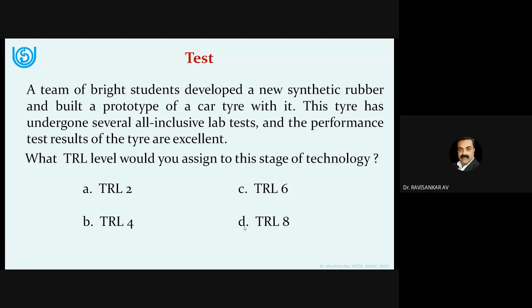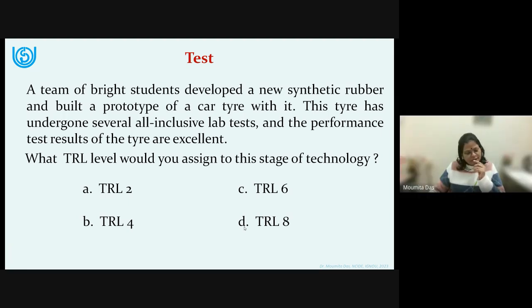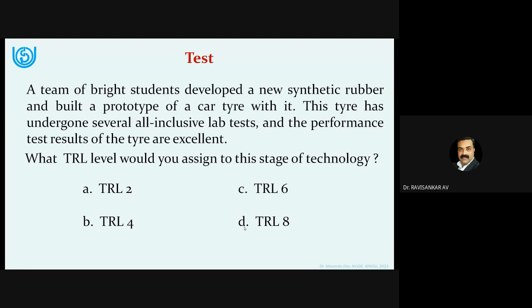Ma'am, I'm not sure. I think it is TRL 4. Okay, TRL 4. So why TRL 4? Because still it has not moved into the production stage, or the commercialized production stage. What I mean to say is, ready to implement into the market even at the initial stage.